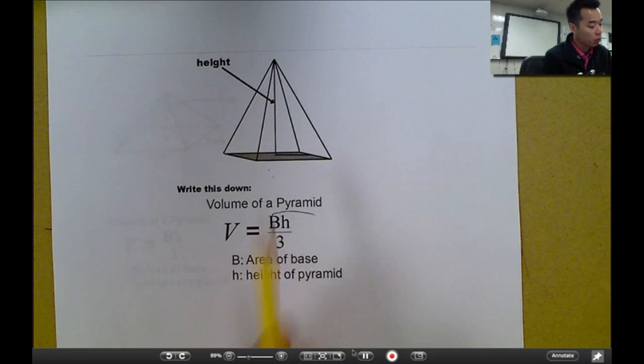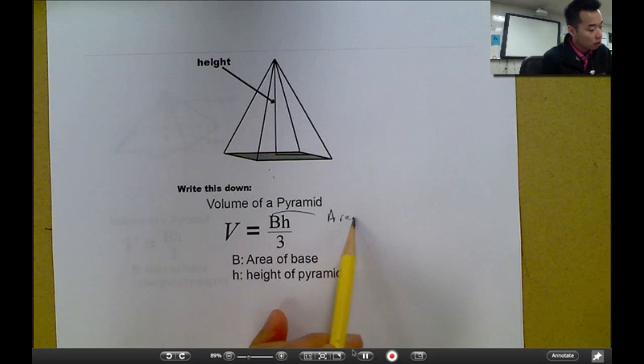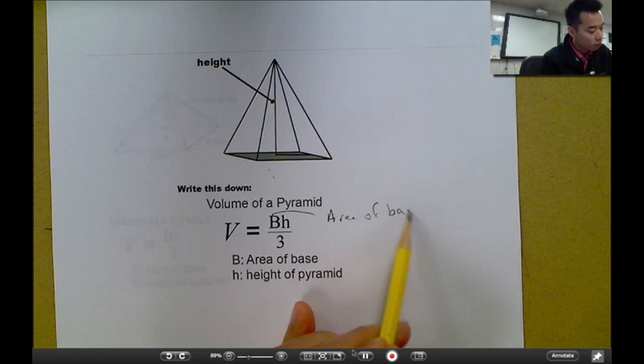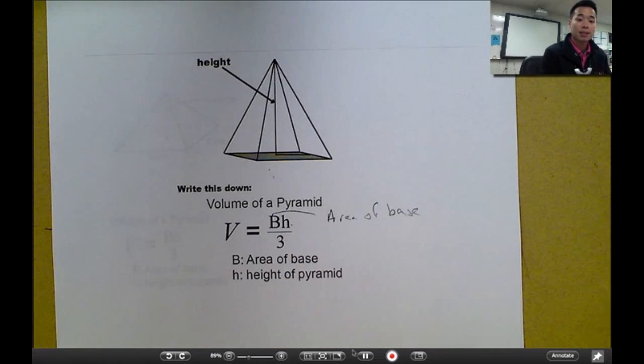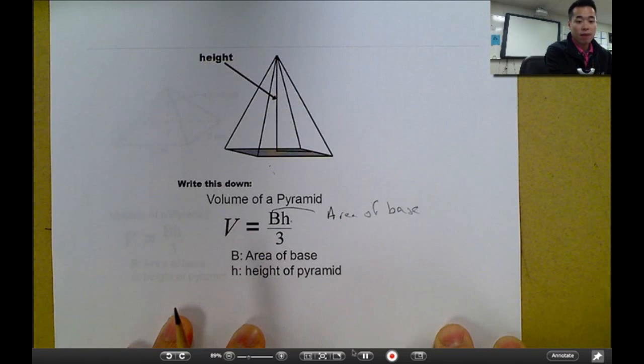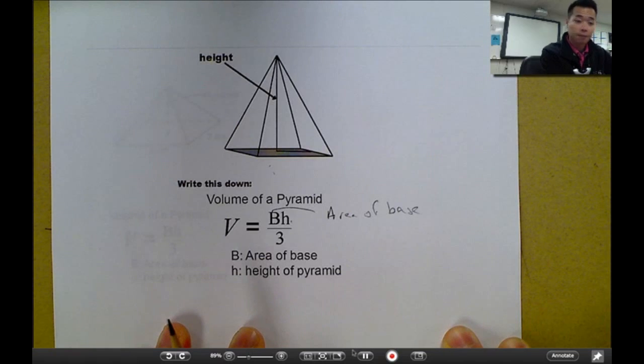So capital B will always be the area of the base, and the height is the one that connects the base to the top. We also know that one rectangular pyramid will fit in a rectangular prism 3 times. That's why we divide by 3. Make sure you have that formula down and this picture. Pause it if you must, and then copy it down.